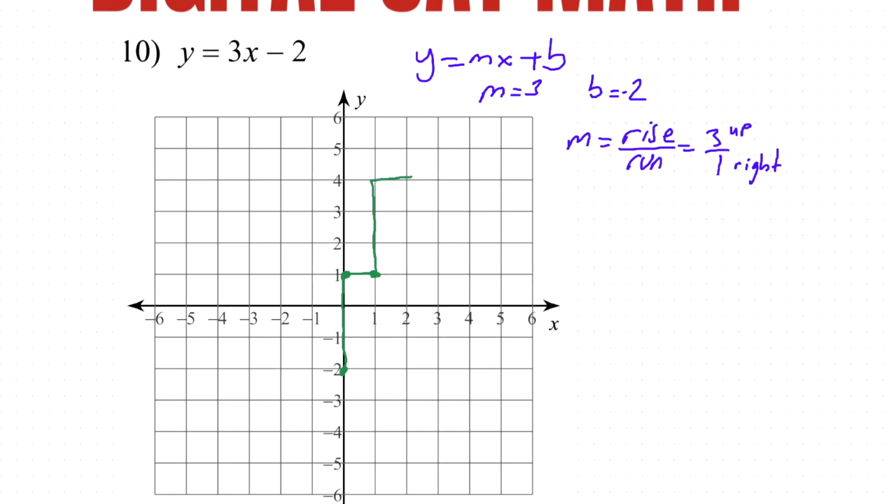You can do the same thing vice versa, which means from 2, you can go 3 steps down and 1 step to the left. So these are the points we will connect. Okay, I'm just making them darker to graph this line.